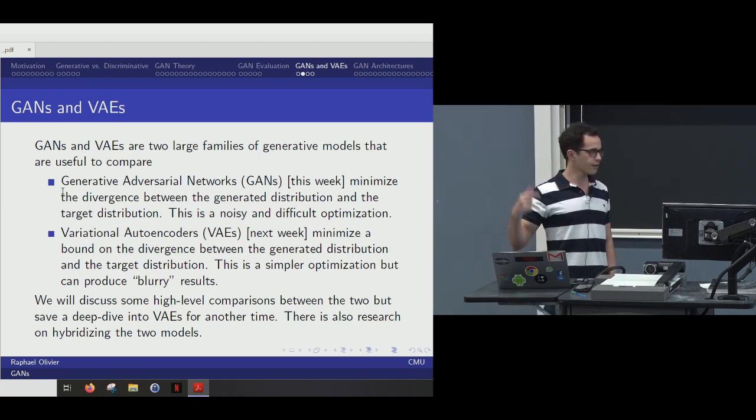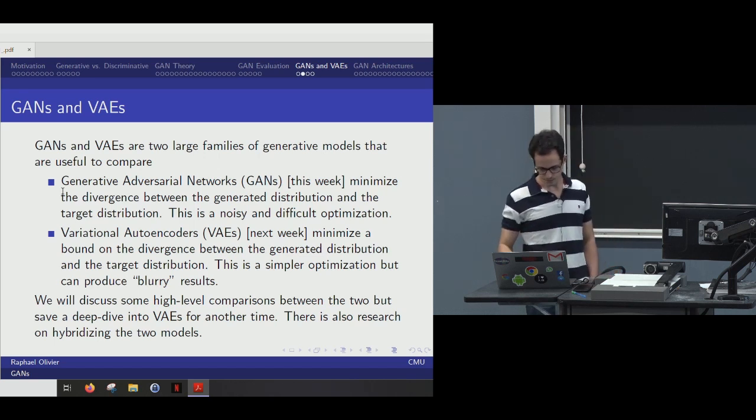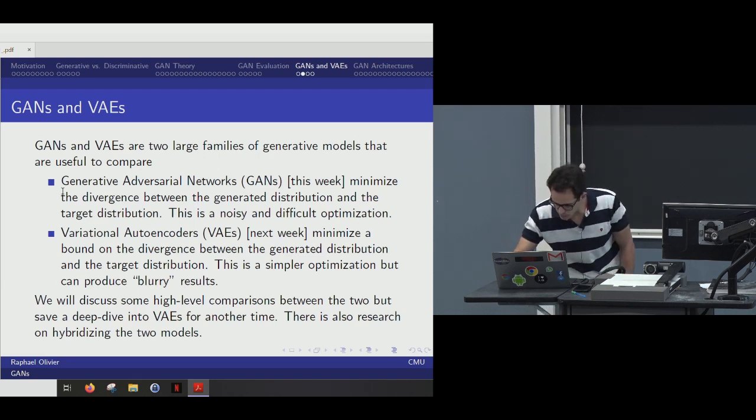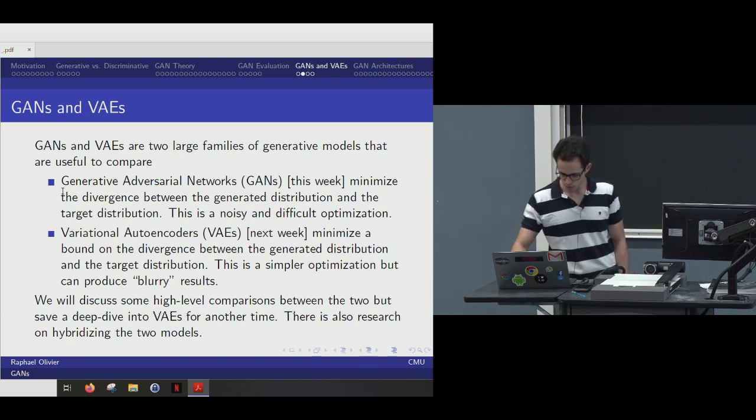VAEs tell you, I don't really need to minimize that divergence. I can compute this quantity, which is a lower bound on the divergence I was talking about, and if I try to minimize that lower bound, it's going to pretty much minimize the divergence too. So it's sort of using a surrogate of the distribution divergence problem and trying to minimize that. I'm not going to go over the math of VAEs because that's going to be later in the course.